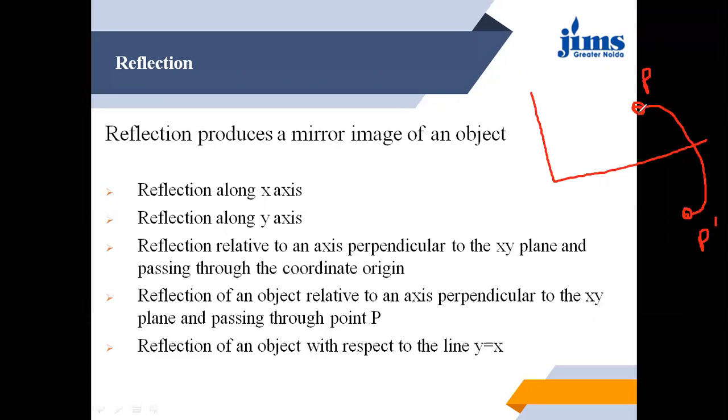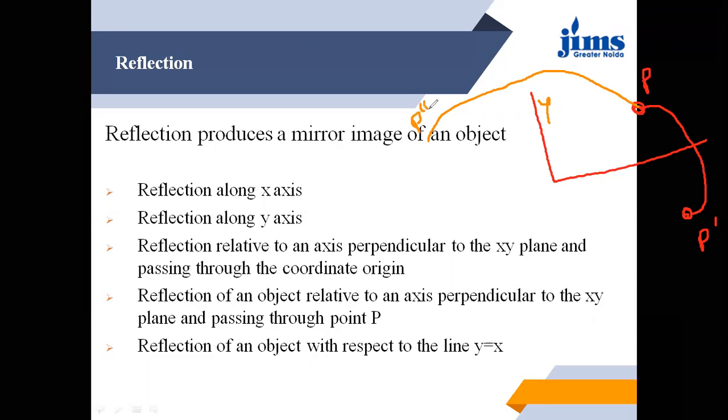I can reflect this object with respect to the y-axis. Let me change the color. This is our y-axis. In this case, suppose this is P double dash.